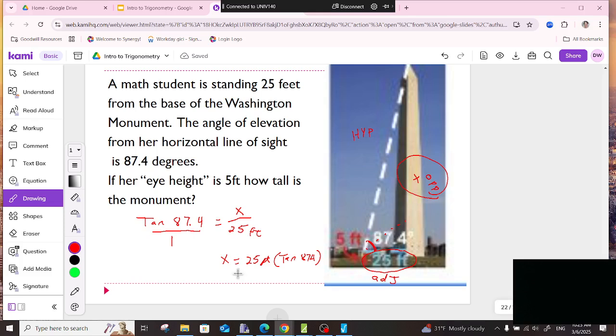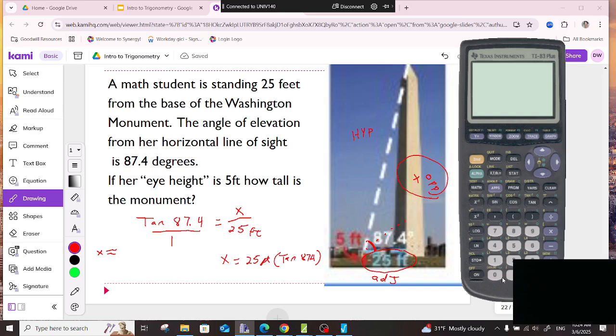And what do you get? 25 times tangent 87.4. Well, I hope so, because I think the Washington Monument is pretty big.